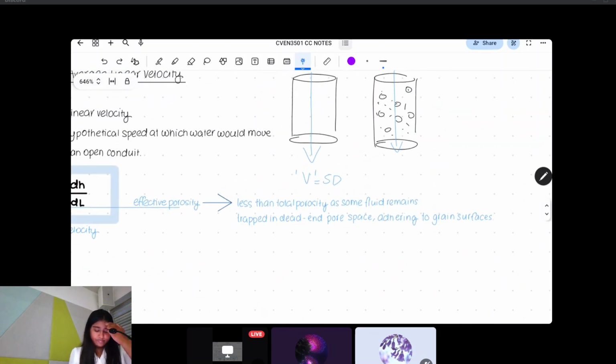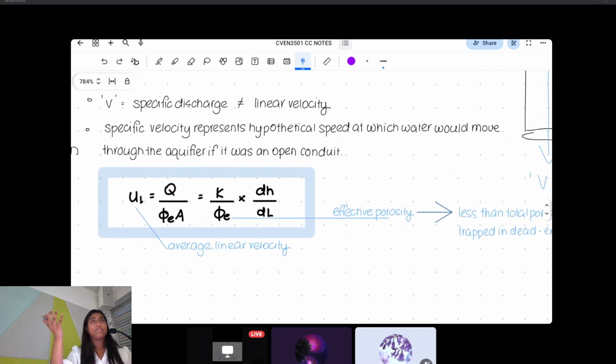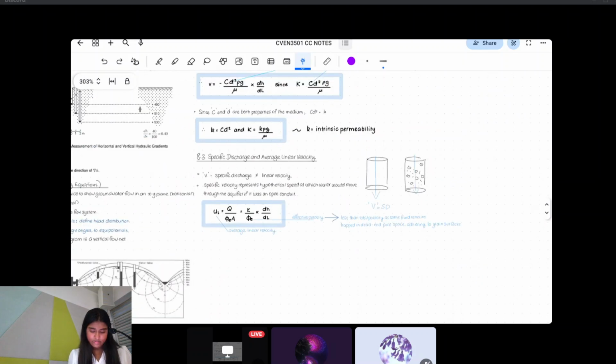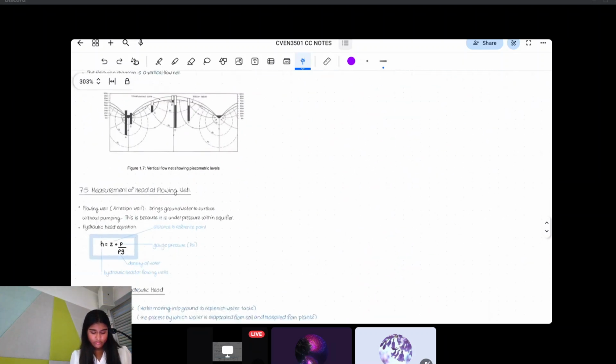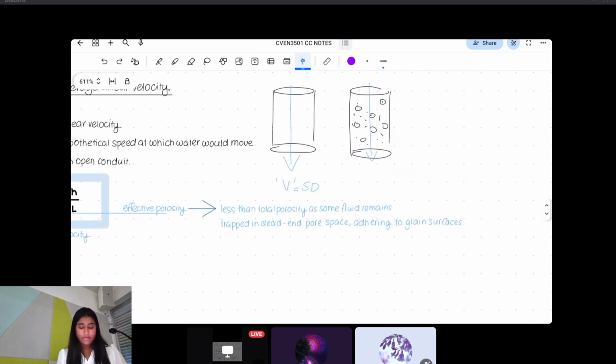And the reason that's really important to know is because the average linear velocity, because it's talking about this conduit here, is almost always going to be faster than the one flowing through the open conduit because the area is smaller, right? And that's the laws of fluids, if you remember from when you did 2500. Does that make sense to everyone?